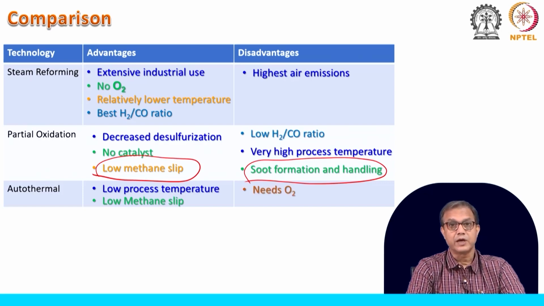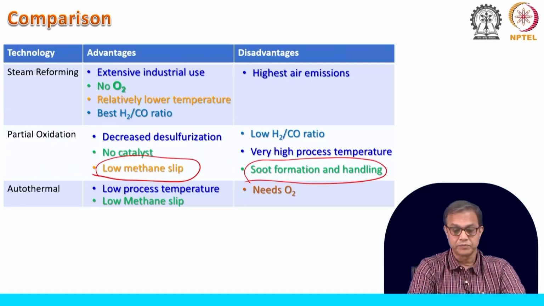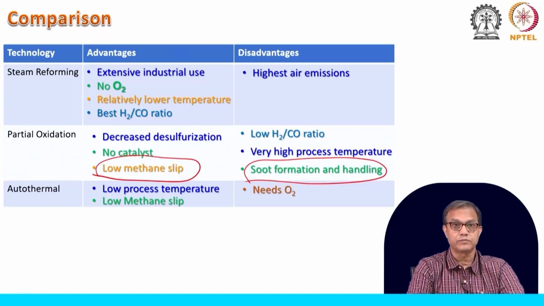But on the other side, it needs O2, which we have also said in the case of partial oxidation, because the separation of air will additionally cost and come into play. So, that's about the salient features of these three technologies for generating hydrogen.